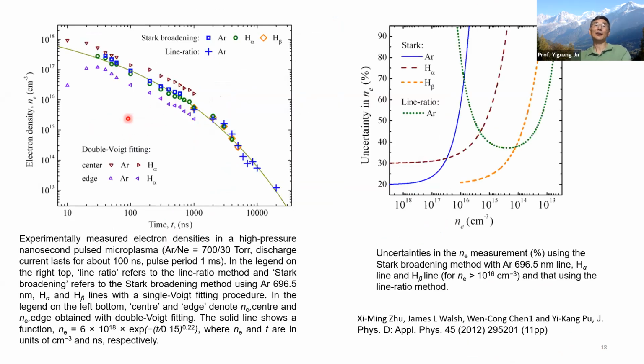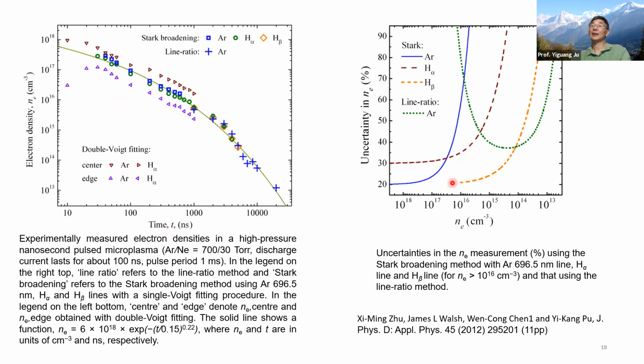This is the summary of his result: electron number density measured using argon, and using hydrogen H alpha, in a different range, showing how the electron number density changes with time. And this figure is very interesting, showing the uncertainty in the electron number density distribution.